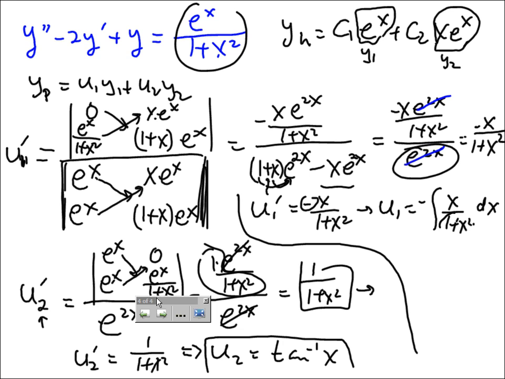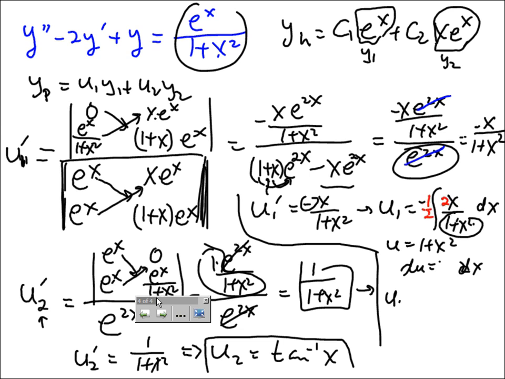Now, if I let u equal 1 plus x squared, then du will be 2x dx. Well, in the top I have x dx. I'll put a 2, but then I have to bring a half in front. So right now, we have u1 is negative a half of that integral.